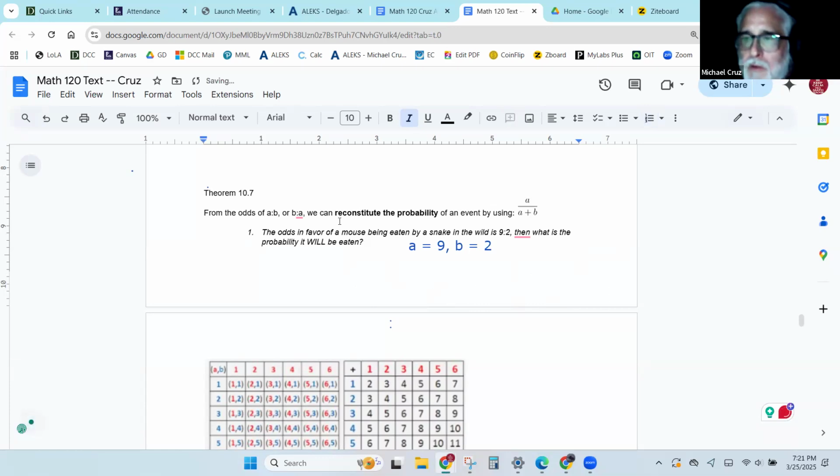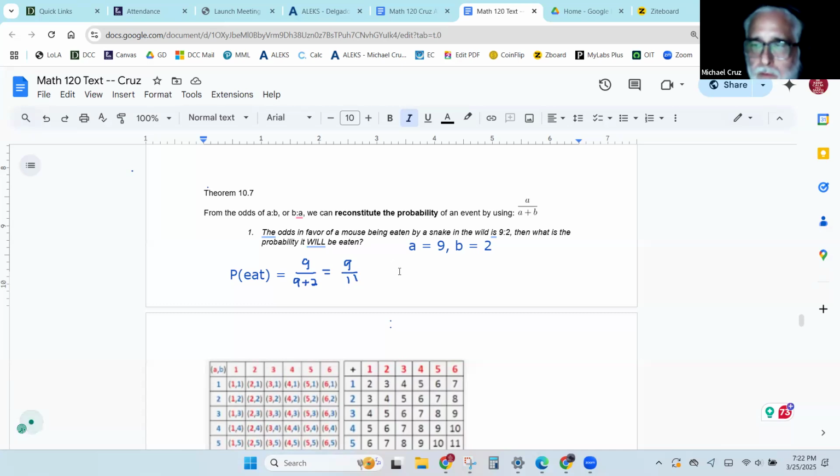So now we're just going to follow this formula, because will be eaten is going to be A, which is 9, over A plus B. So the probability of being eaten is 9/11.